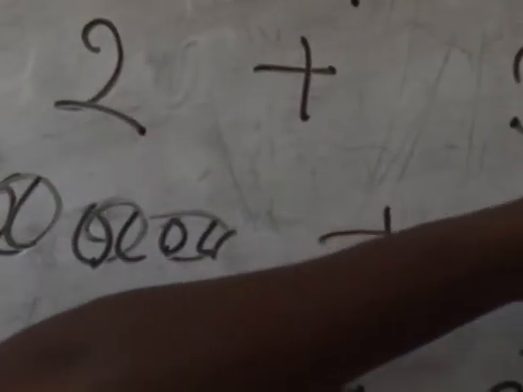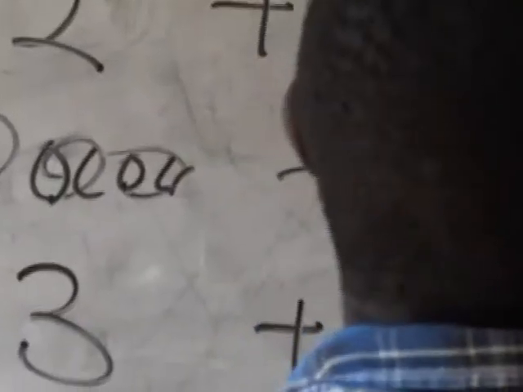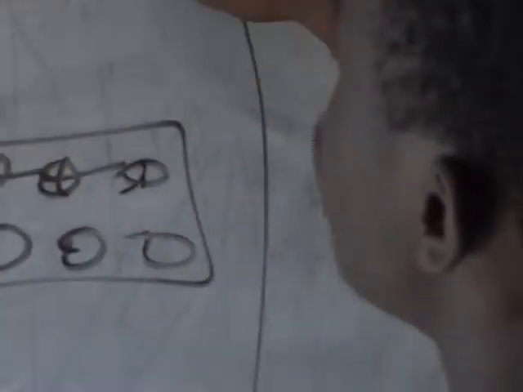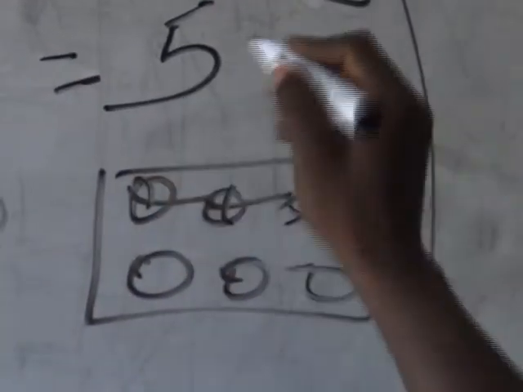What do we get at the final answer? 1, 2, 3, 4, 5. Here we have got 5 balls. So 2 plus 3, we are going to get 5.